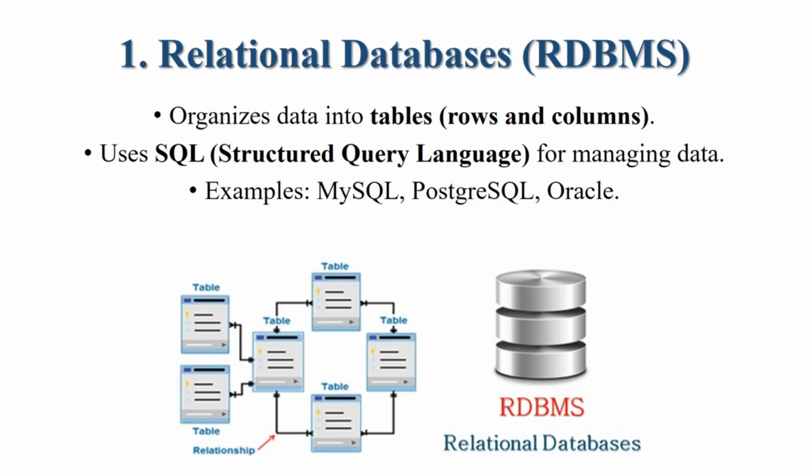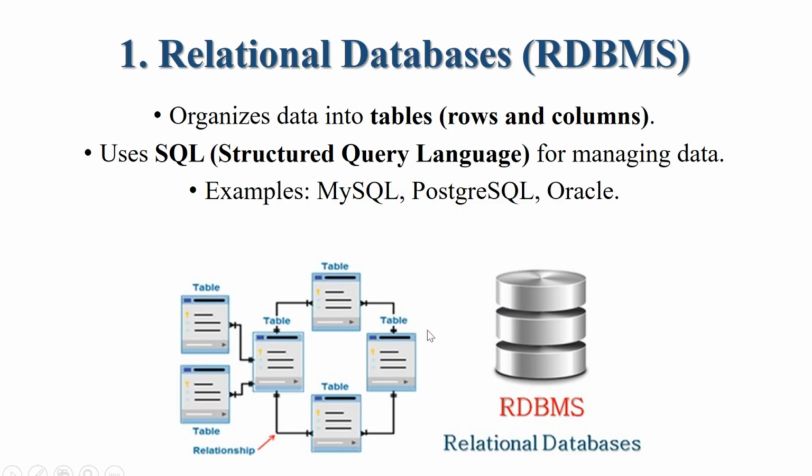They store the data in tables, like rows and columns in Excel, and they also use SQL, structured query language, for managing the data. Some examples of RDBMS are MySQL, PostgreSQL, and Oracle.